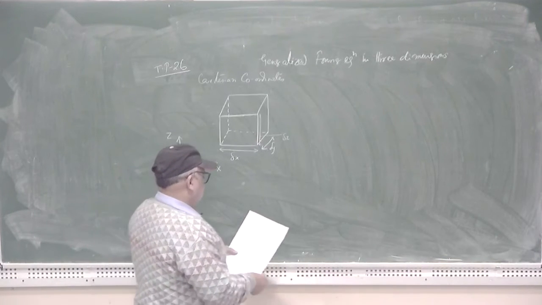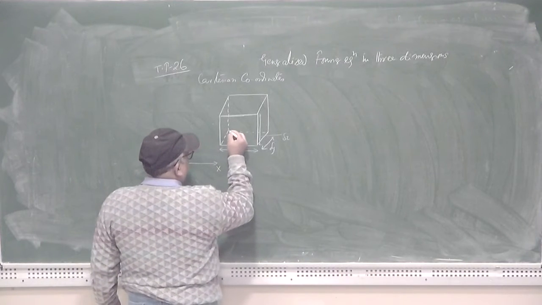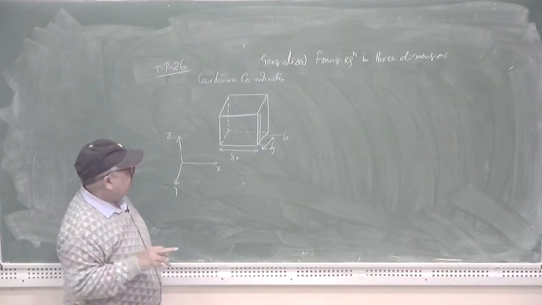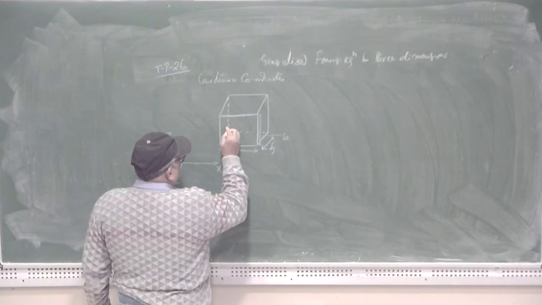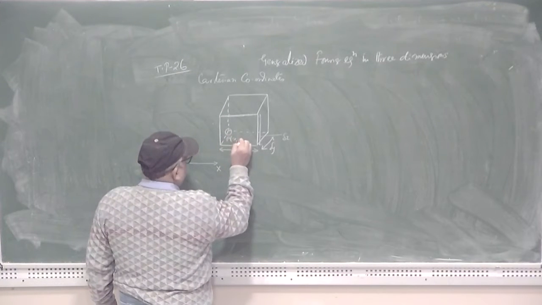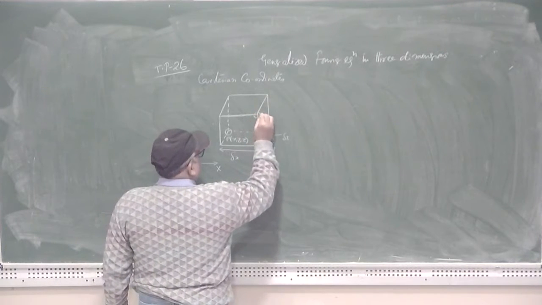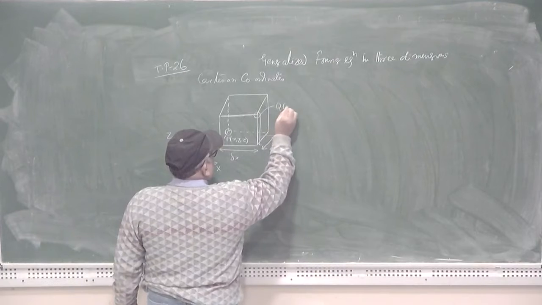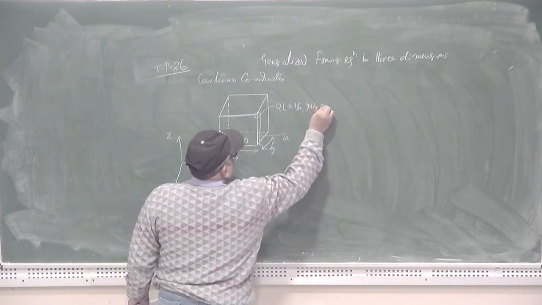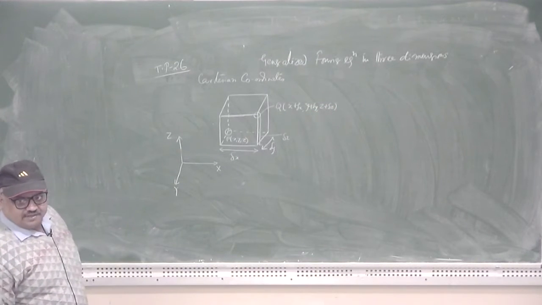So the formulation is, let us suppose the rectangular volume element in this three-dimensional Cartesian coordinate system. Here we have to consider one point having the coordinates x, y, z. Similarly, consider another point Q, whose coordinates are x plus delta x, y plus delta y, z plus delta z.